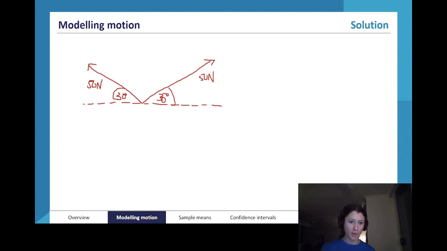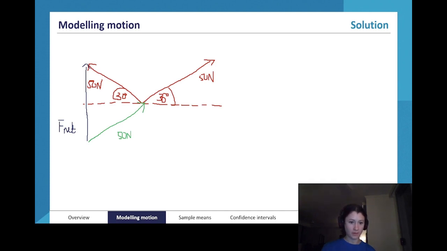So I'm going to slide that vector on the right down to here so that our vectors are added head to tail. And as you can see now, our net force is going to be here, and that's going to be acting in the vertical plane.